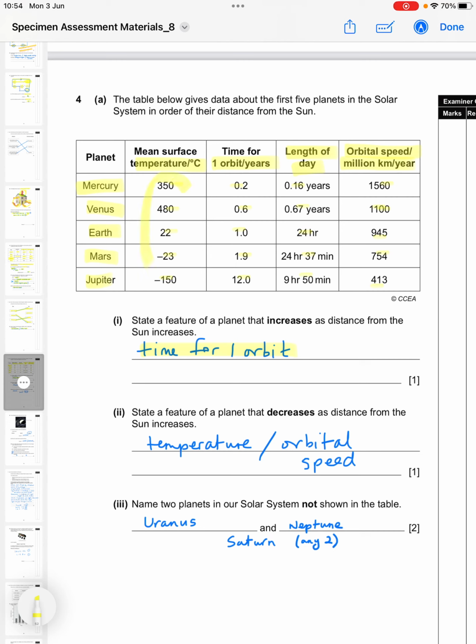And as I've just said, that would either be temperature or the orbital speed. Then name 2 planets in our solar system not shown in the table. So you could have had Uranus, Neptune or Saturn. So we know there are 8 planets in the solar system, and those are the 3 that are missing.